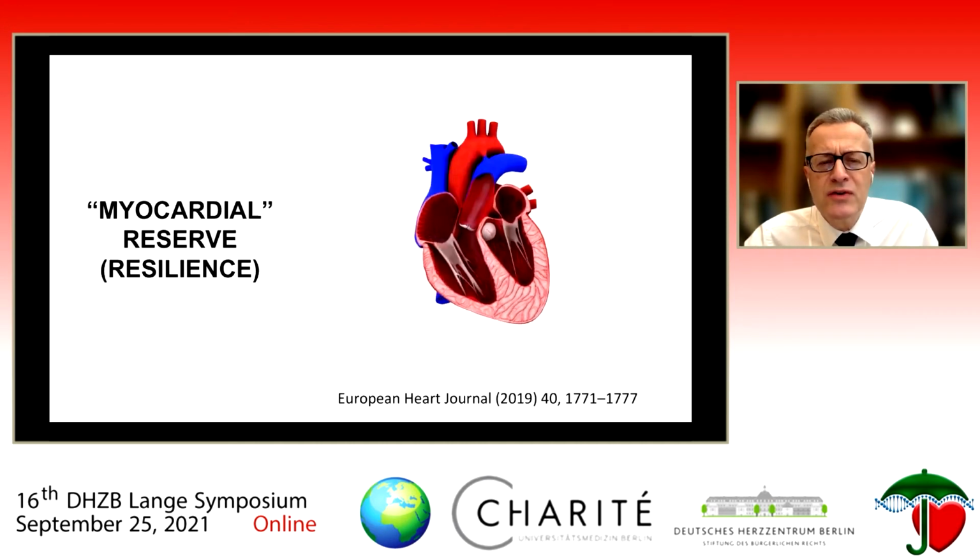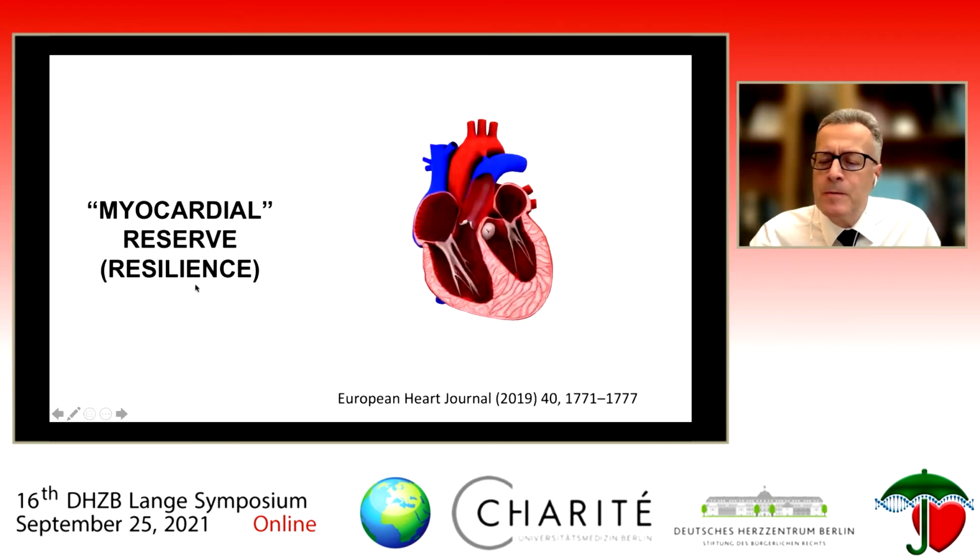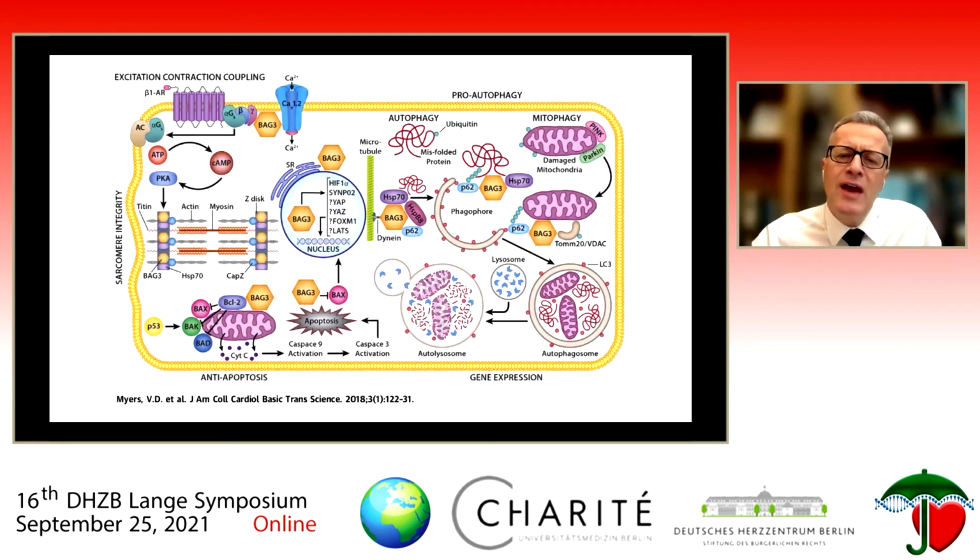A myocardial reserve, or what I've started to call myocardial resilience. And I think evidence to support that comes from these recurring hits we get, particularly in GWAS studies, of the same proteins, whether it be hypertrophic cardiomyopathy, dilated cardiomyopathy, or left ventricular non-compaction. For example, one in particular, BAG3, a gene which is important in some cancers, particularly leukemia and lymphoma.